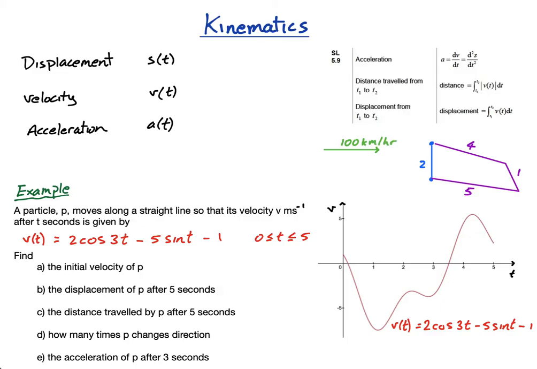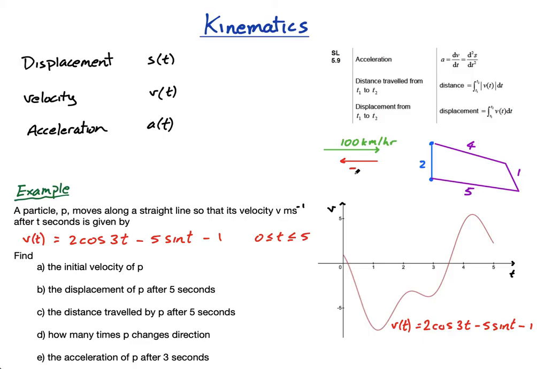But if you then start reversing, or just going the other direction, let's say you start going this way, you're driving the other direction, this is then negative. So your velocity is now negative.